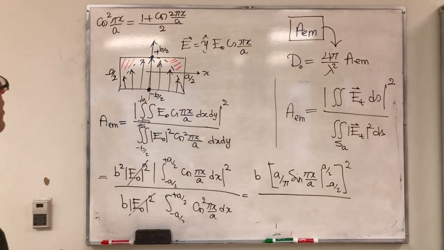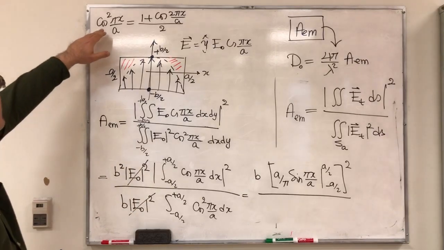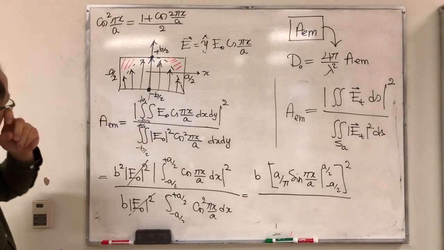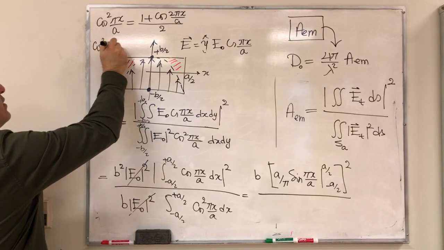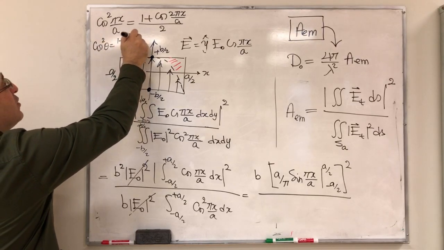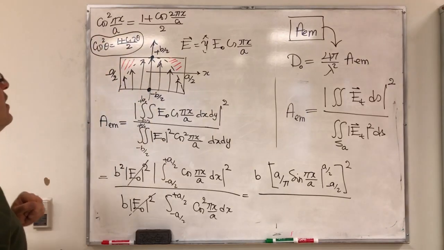That's what we're going to have. Let me check that if that's correct. That seems to be correct. So remember, I used essentially this equation that cos squared theta is 1 plus cos 2 theta divided by 2. So I used this identity.